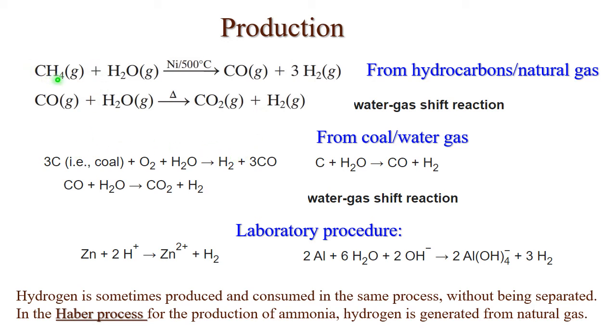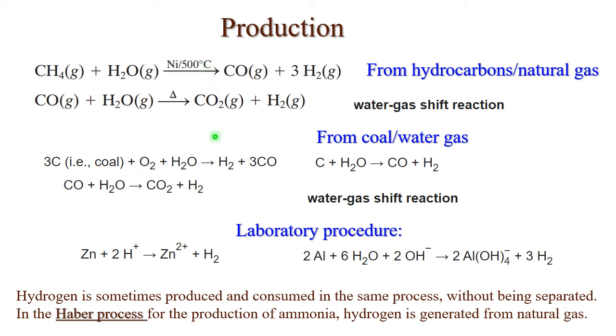Alternatively, instead of hydrocarbon, you can use coal. So carbon from coal reacts with water to make hydrogen and carbon monoxide. A little bit of oxygen is added so the process will be self-sustainable.